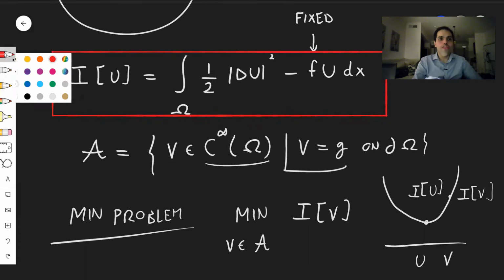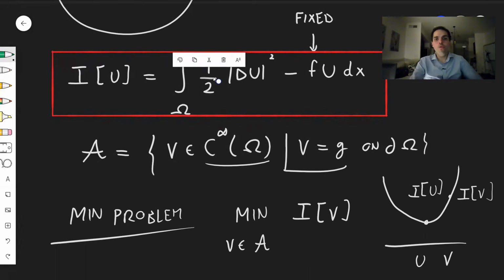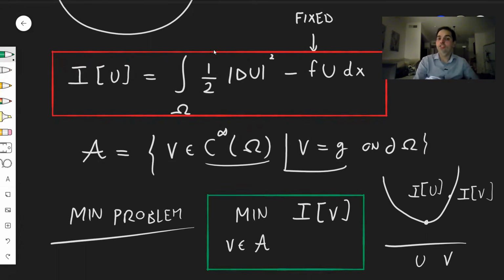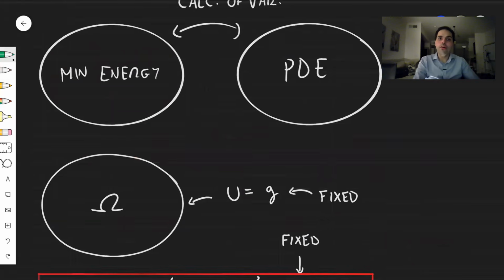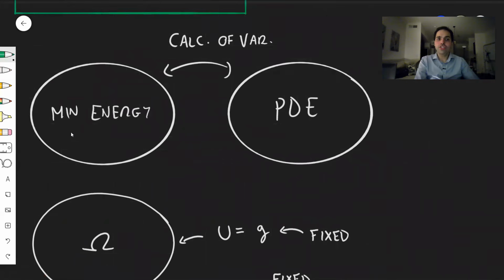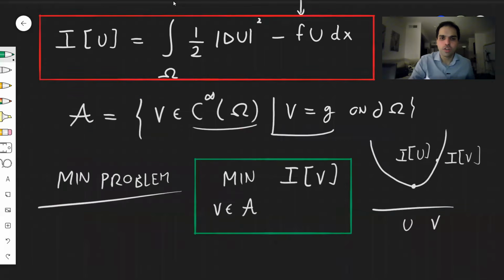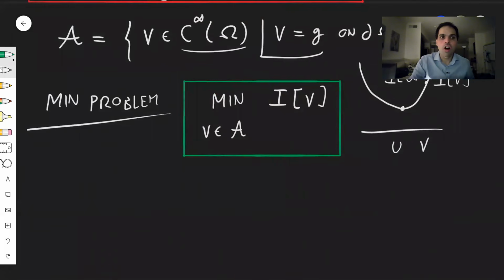And here's a cool thing. So again, we're done now with the energy aspect of calculus of variations. But remember, calculus of variations not only has to do with the energy, but with the PDE. So without further ado, I can now state the main result of today, which is called Dirichlet's principle.